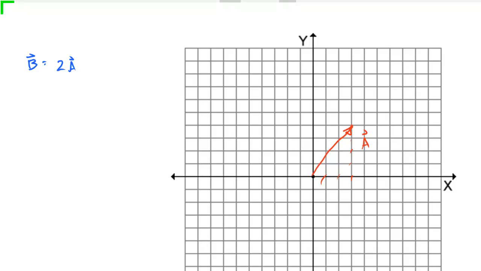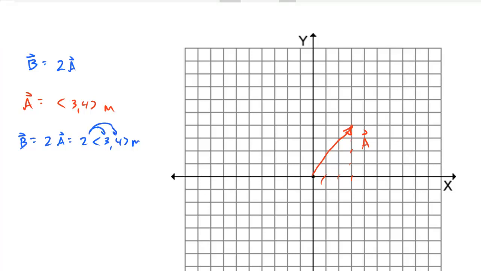And so writing A out again, A is equal to 3, 4 meters. Then B, which is equal to 2 times A, is equal to 2 times 3, 4 meters. And we can just distribute this in and multiply it.